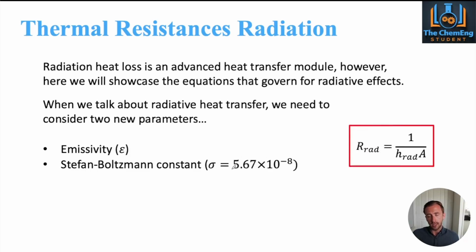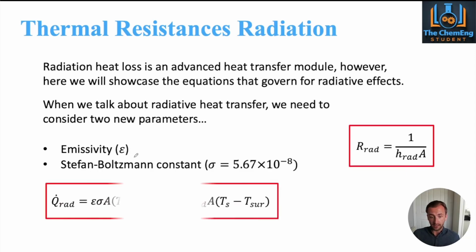For a resistance for radiative heat transfer, it's basically exactly the same as convection, but rather than just h, it's the radiative heat transfer coefficient, which is a function of the emissivity and the Stefan-Boltzmann constant.